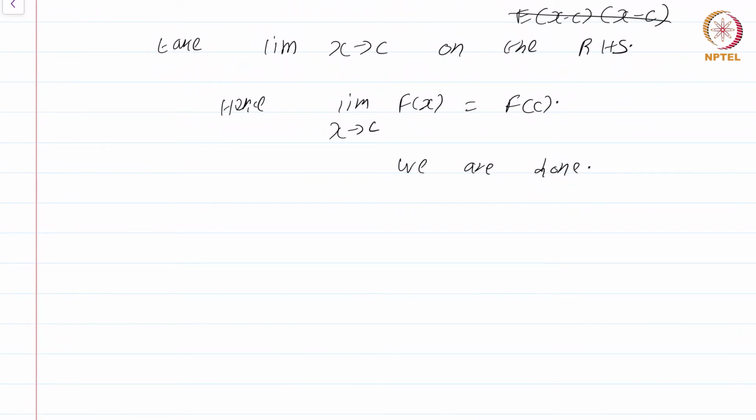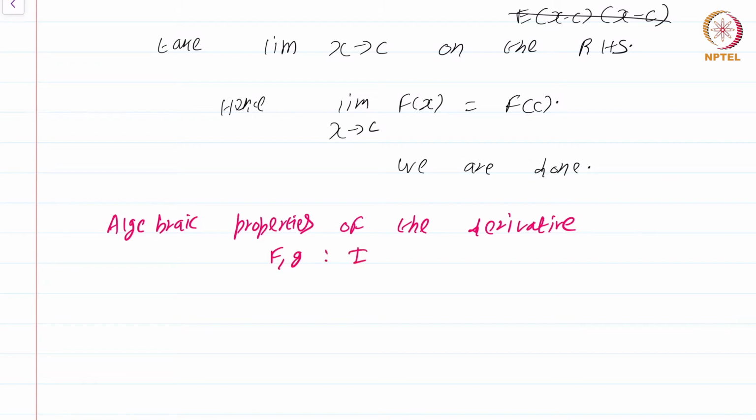Let's consider the various algebraic properties of the derivative. This time f, g are functions from I to R. Suppose f prime of c, g prime of c exist.